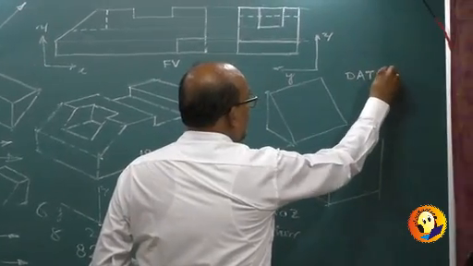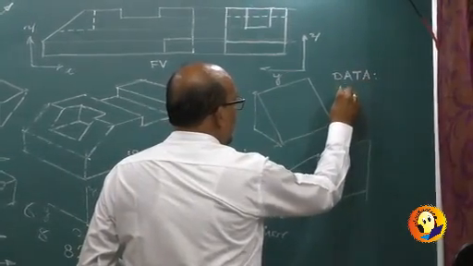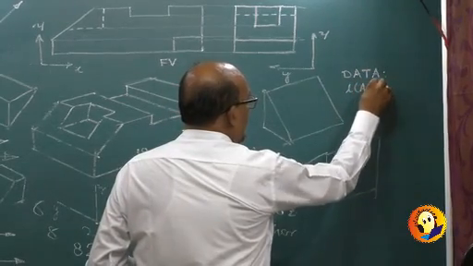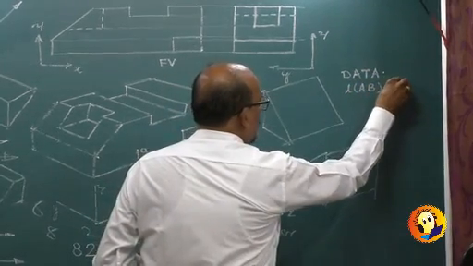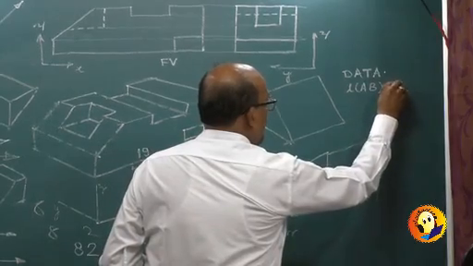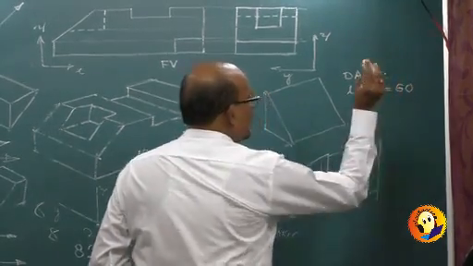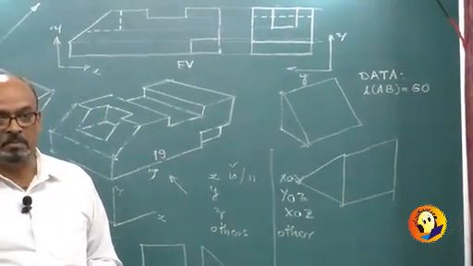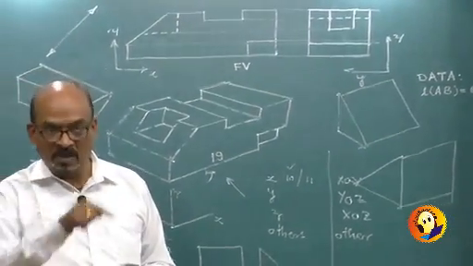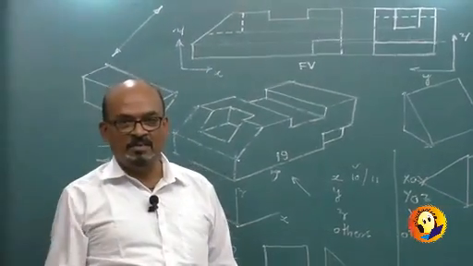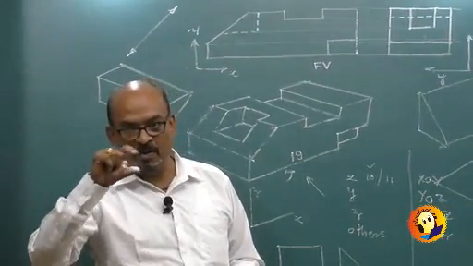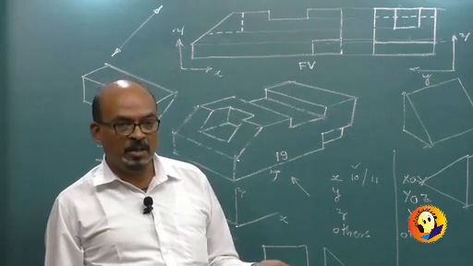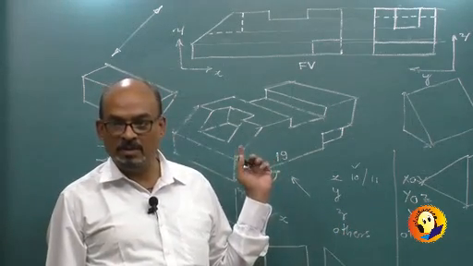What is the data given to us? The length of line AB is 60, and then we are required to write it with the same height. Though we are free to draw those 2 lines faint, of 3 mm or 5 mm height, but all this will carry the maximum weightage, right?